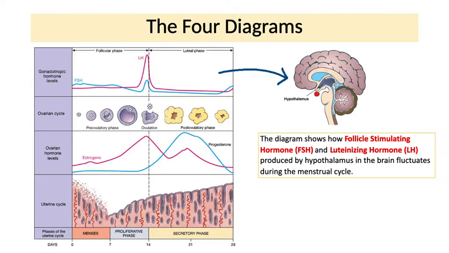There are two hormones very important to regulate the menstrual cycle, which are the follicle stimulating hormone, or FSH, and luteinizing hormone, or LH. And these hormones, as you can see, fluctuate along the process or the cycle of the menstruation.